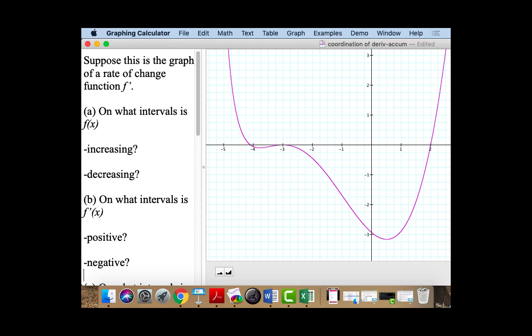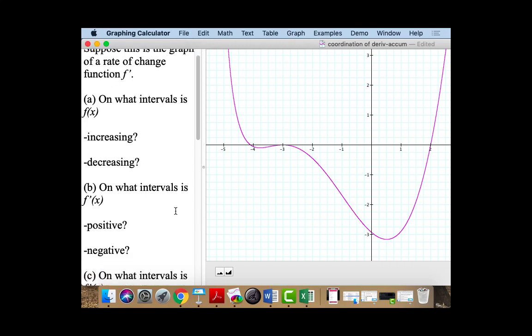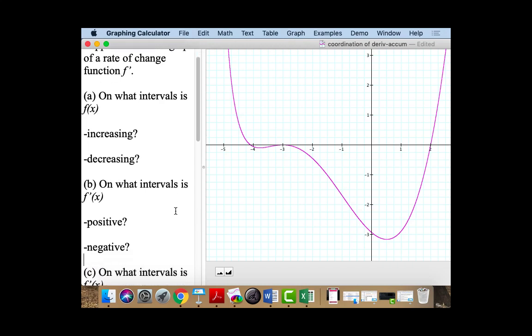All right, so if this is a rate graph, I want to know when the accumulation is increasing versus decreasing, versus where the derivative is positive versus negative. Those are the same questions, right? Where f of x is increasing is the same as when f prime is positive.